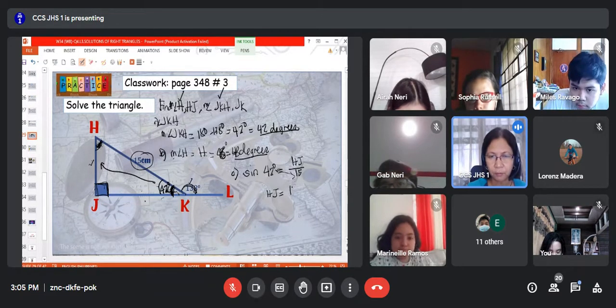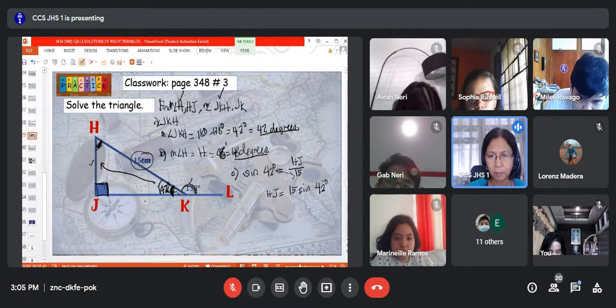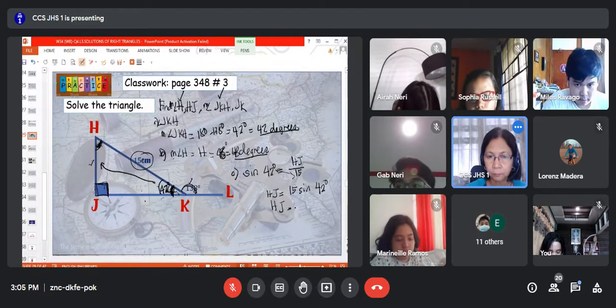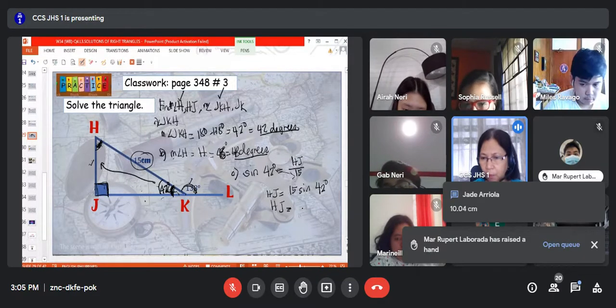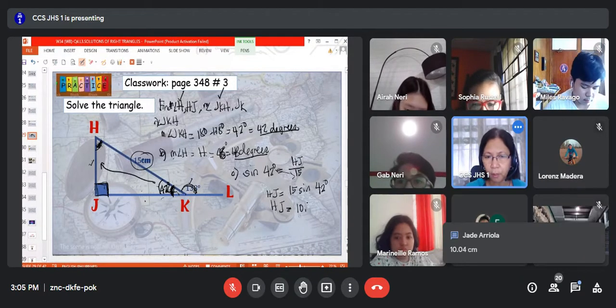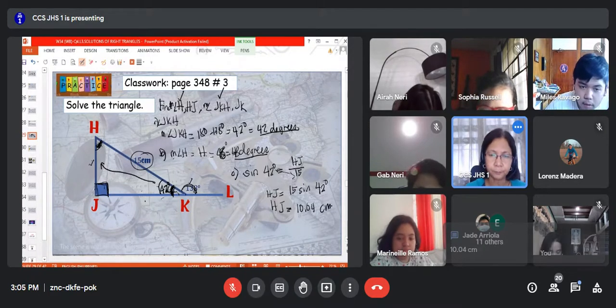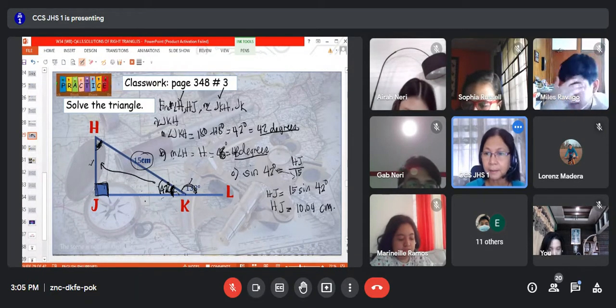Cross multiply. So, 15 sine of 42 degrees. Everybody, use your calculator to solve for HJ. How much is HJ? 10.04. Our unit is cm.